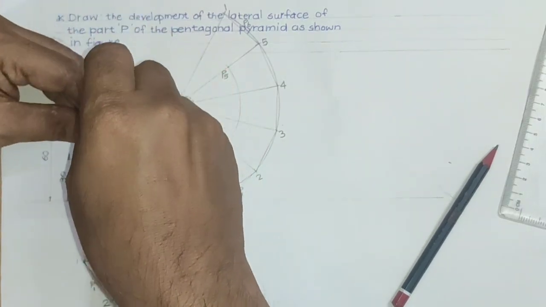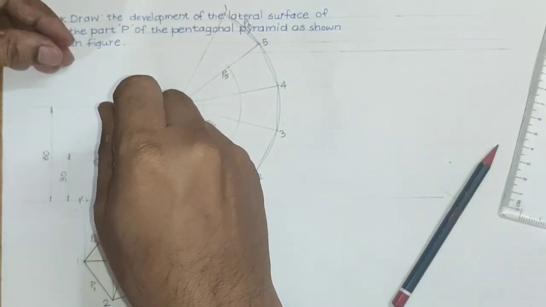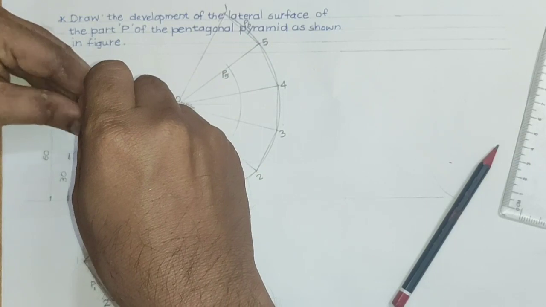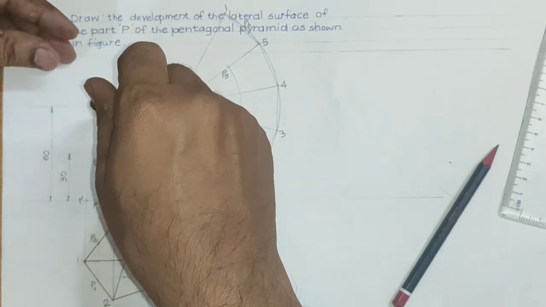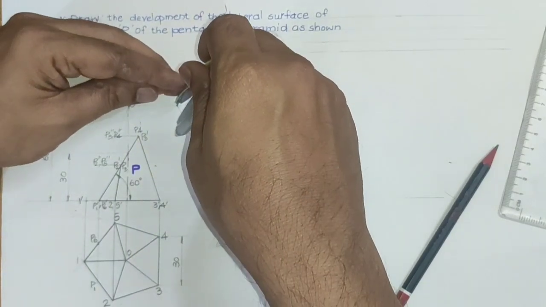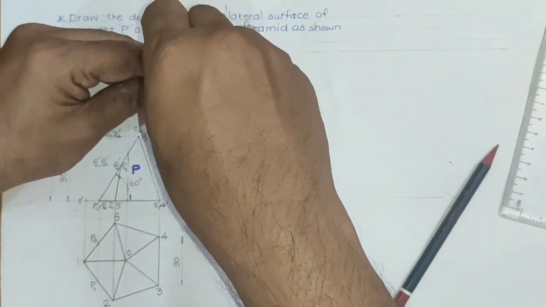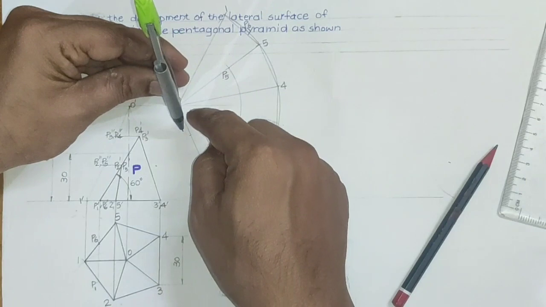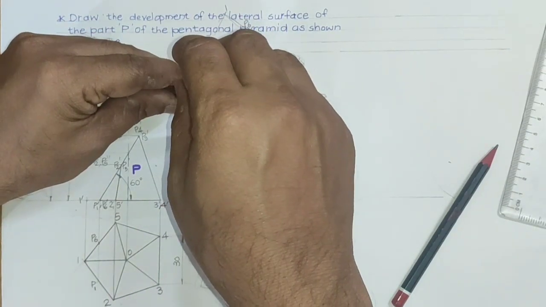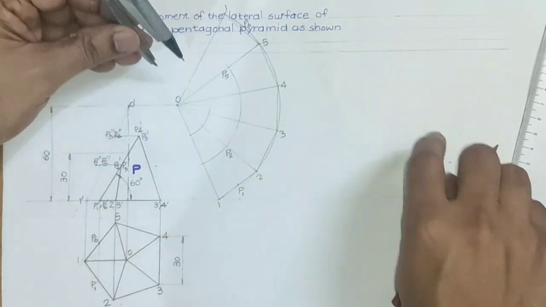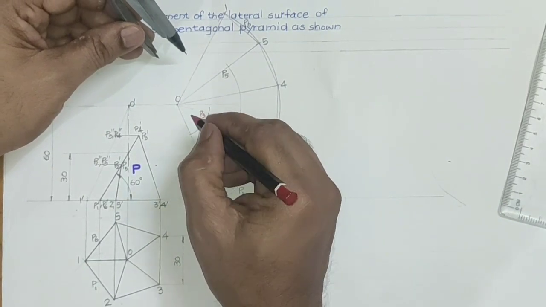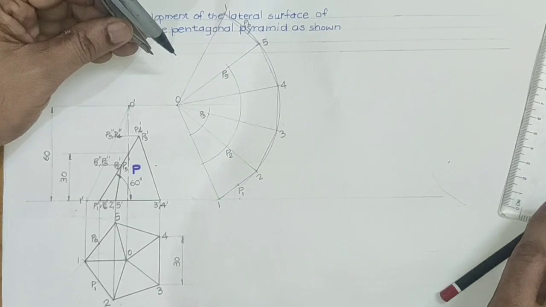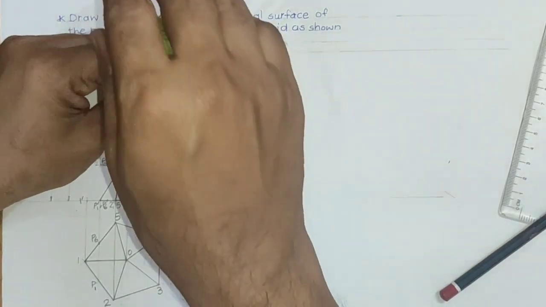Then take distance equal to O dash to P3 double dash in compass. Transfer this point on O1 edge of developed surface. From there, transfer this distance on O3 edge on the developed surface.